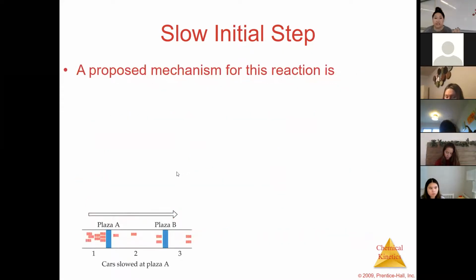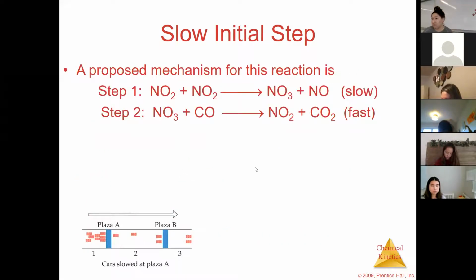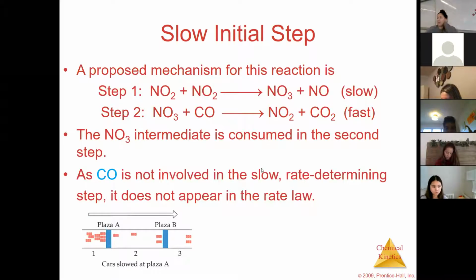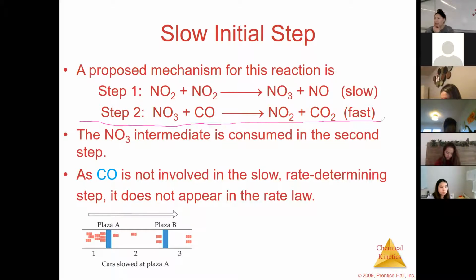So a proposed mechanism of multiple steps could be something like this. When we add, just like Hess's law, if they're on the same side, we add. If they're across, like one a reactant and one a product, we cancel them. So do we see something that's on both sides?